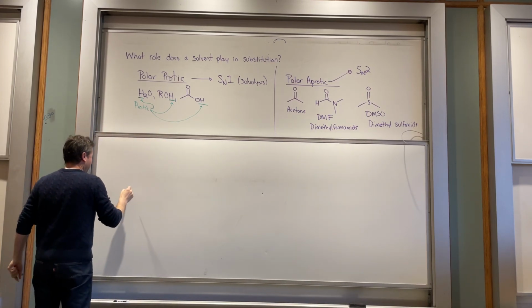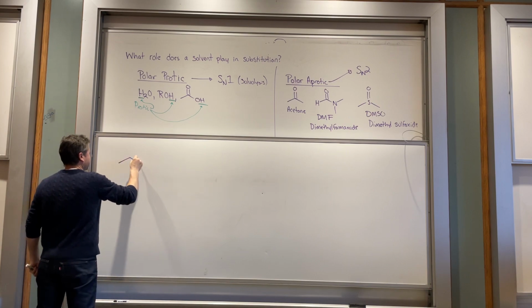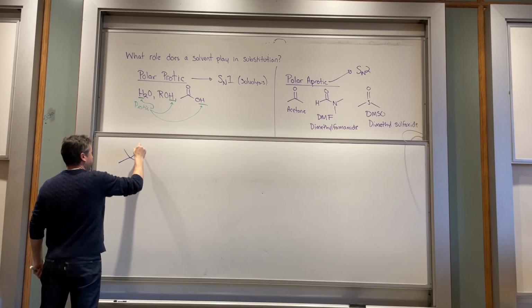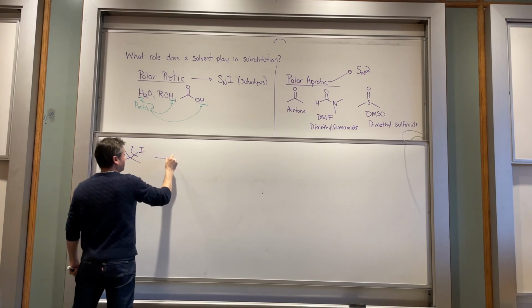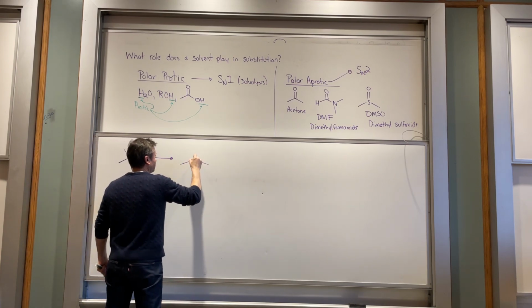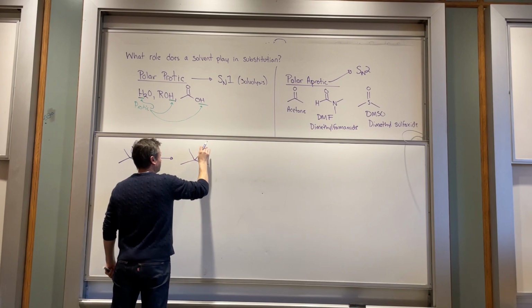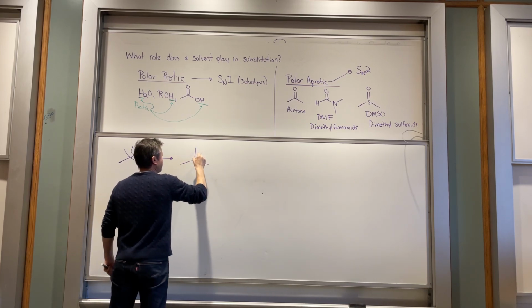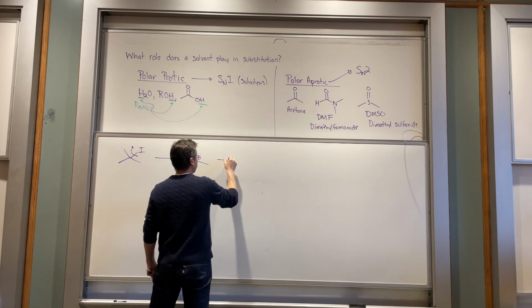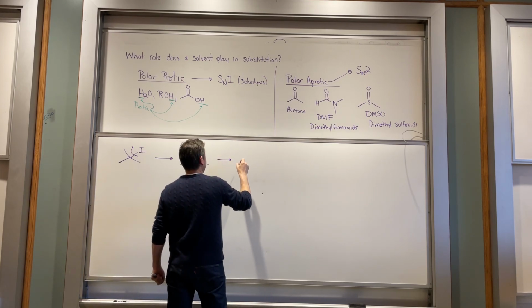So let's look at SN1 first, and just draw a really, again, simple SN1 reaction. And then we're going to look at the energy of this reaction and try to understand how the solvent might affect that energy.